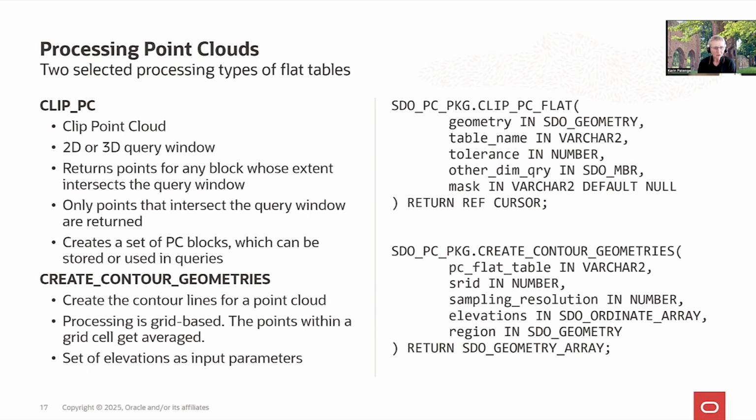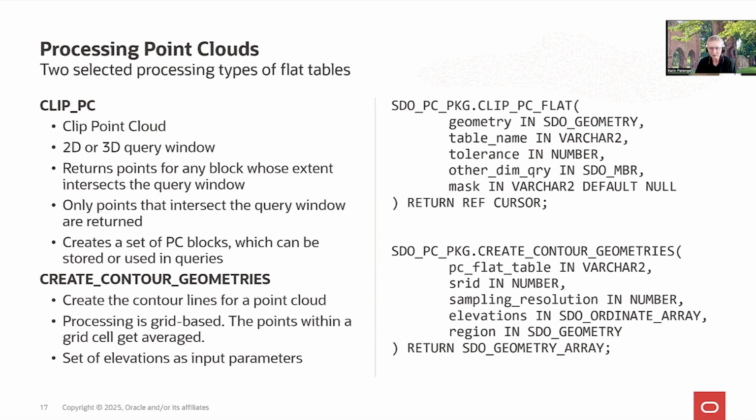The create contour lines, or create contour geometries, is also one of the functions that can be applied to SDOPC or flat tables, and it creates the geometries that represent the contour lines for the different elevations, which are defined inside the input parameters for the function.